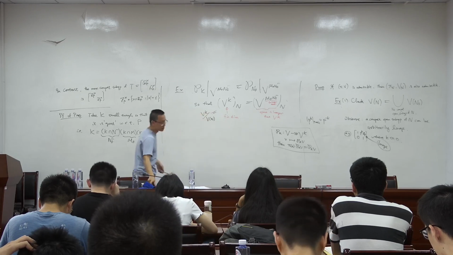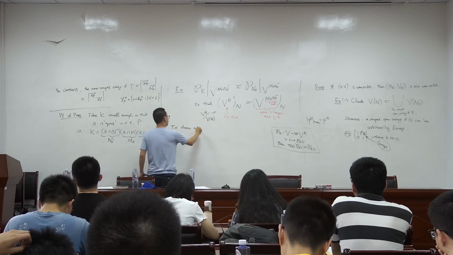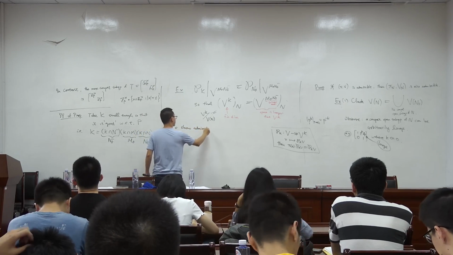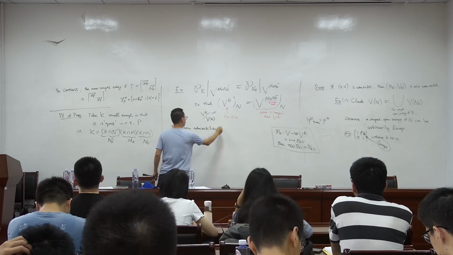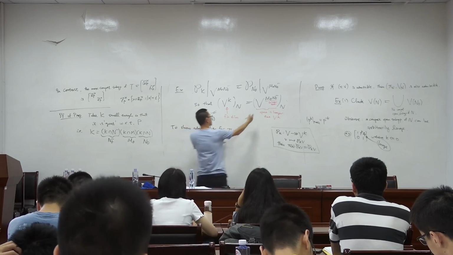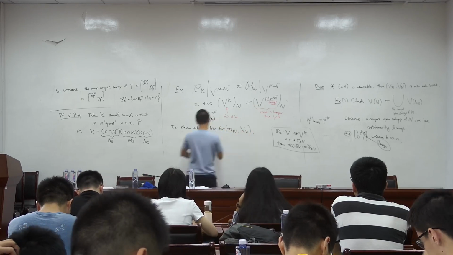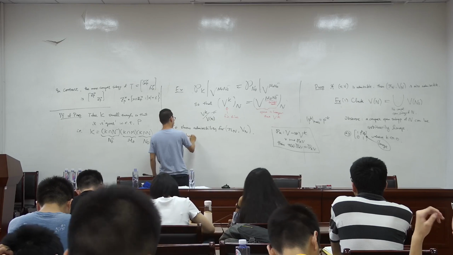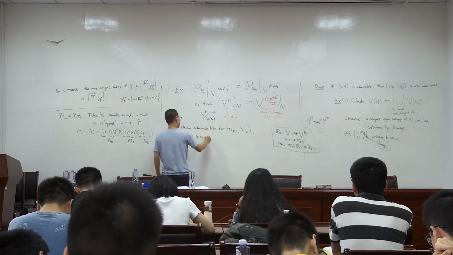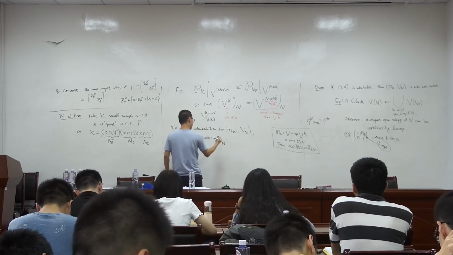Now to show admissibility for the Jacquet module, the whole Jacquet module, not just this one, we have to check V_N.